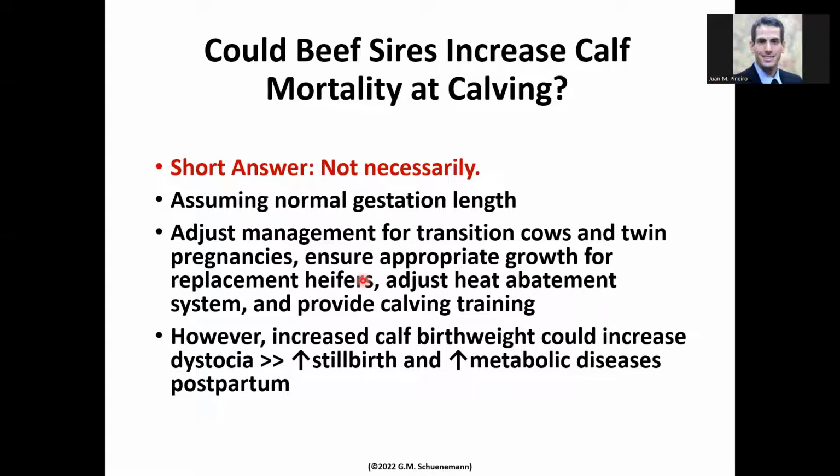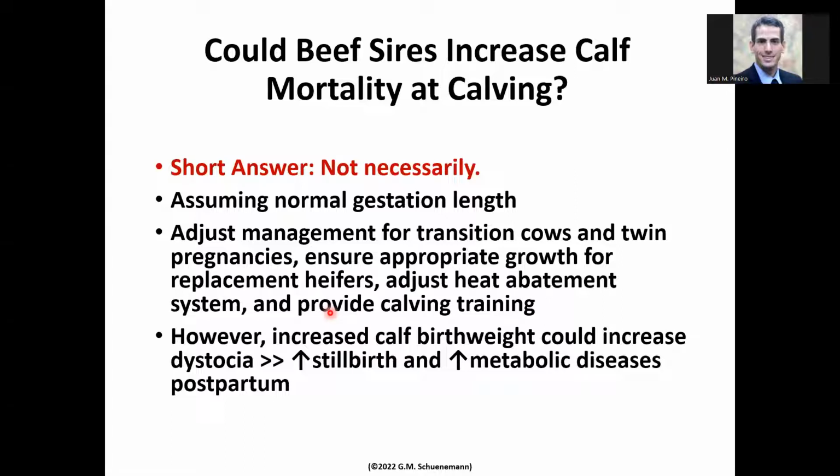So they are breeding heifers, but they don't have enough body weight, right? This is a major issue, whether they are breeding with beef bull or dairy bull, they're going to have an issue, but this is not associated with the bull. Right? Adjust the heat abatement system. This is important because it will affect gestation length in the cows, and the shorter the gestation length, the greater the calf mortality, right? And then provide a people effect, so providing calving training, right?